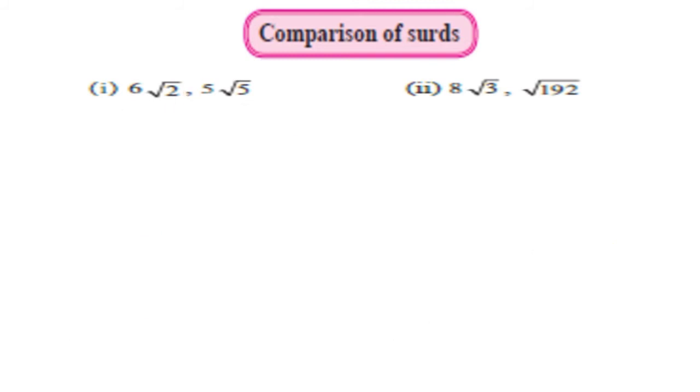Now second example, 8 root 3 and root of 192. 8 root 3 is equal to similar process.